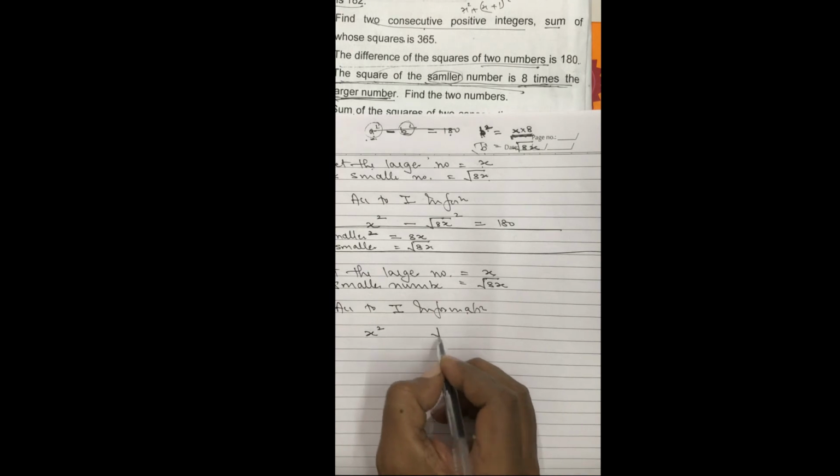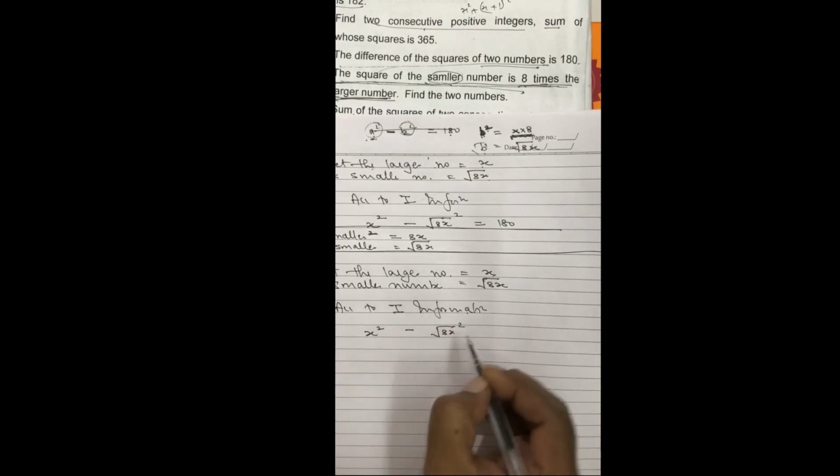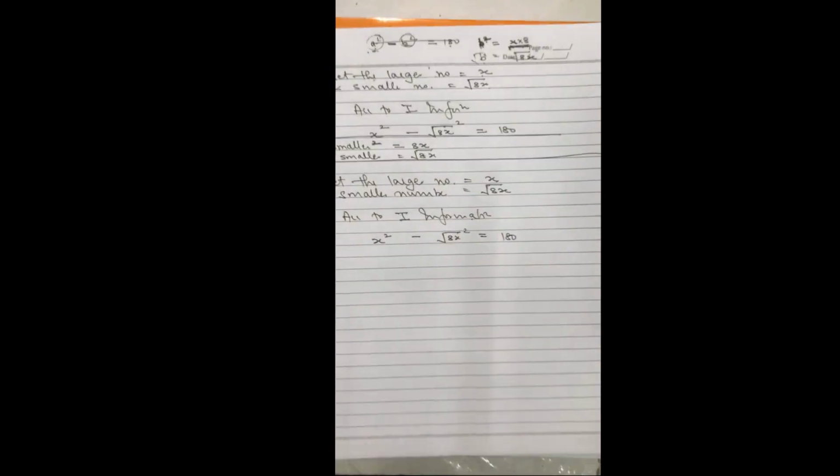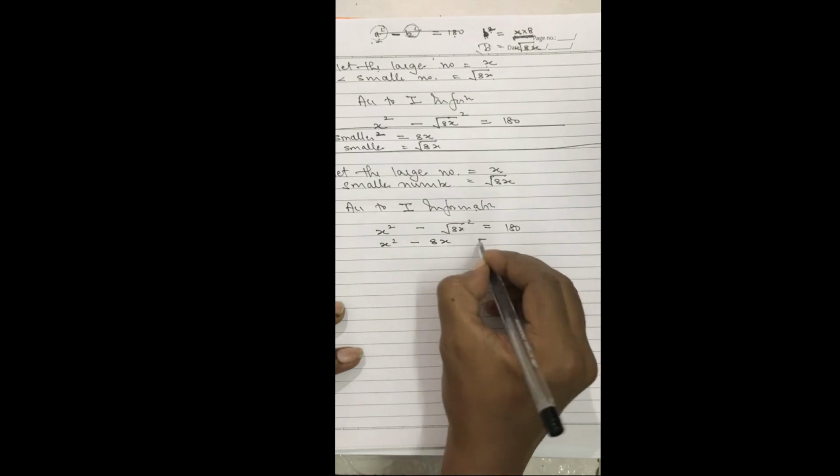So first I will have to take the squares, and then the difference is equal to 180. Okay, this we will have to solve. If I have to solve this, it is going to be very interesting now. Again, of course, this will get out: x square minus 8x is equal to 180.